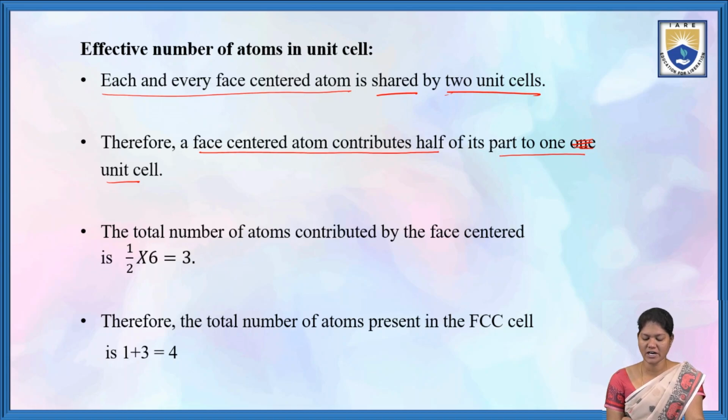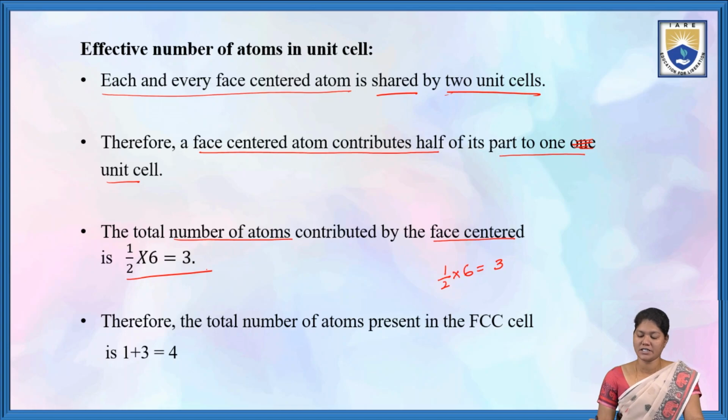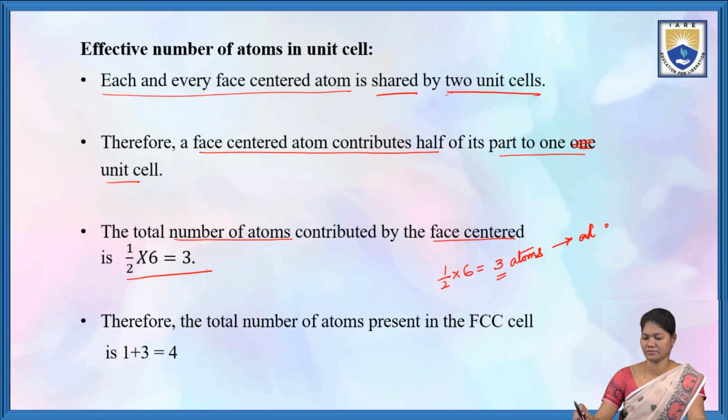So the total number of atoms contributed by the face-centered atoms is 1 by 2 into 6, which is equal to 3. Because at each face, the shared atom at the center is half, so half into a total of 6 faces is equal to 3.